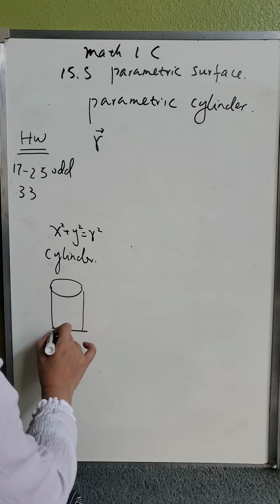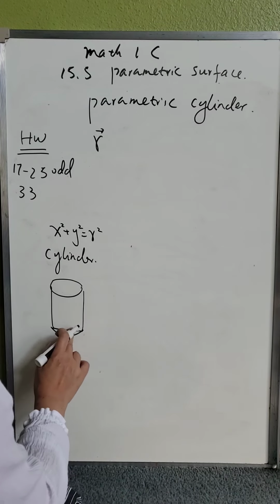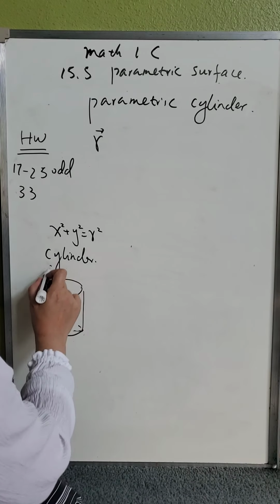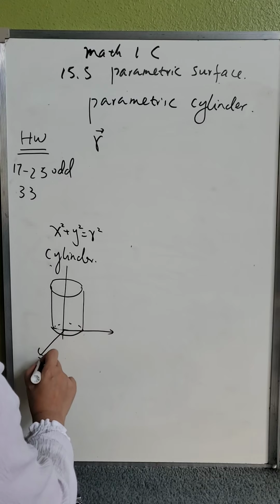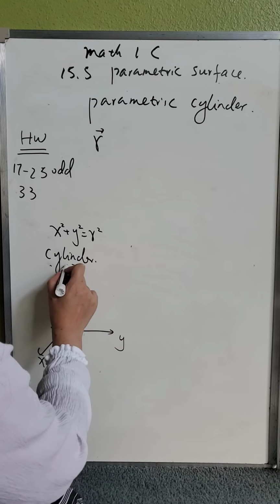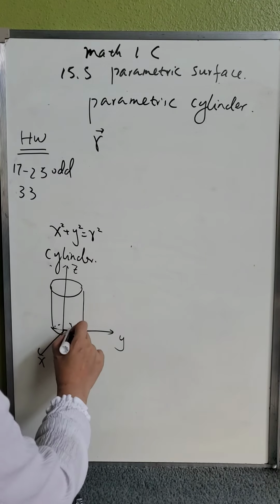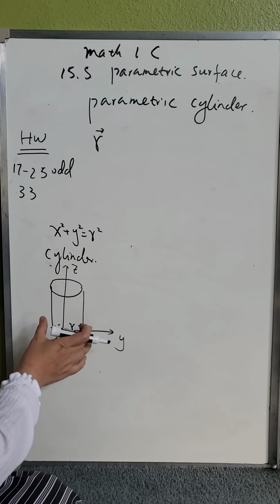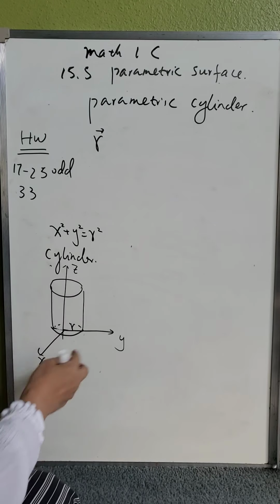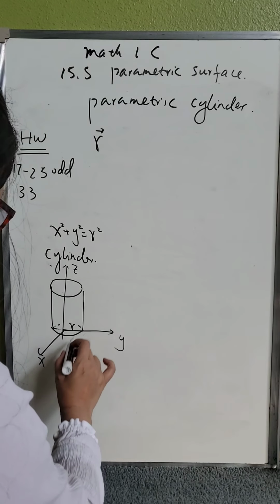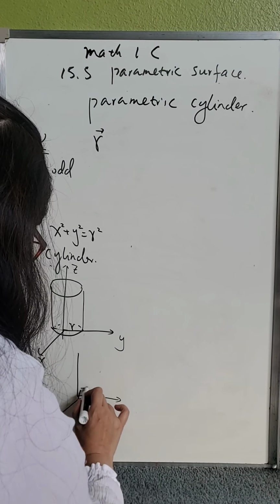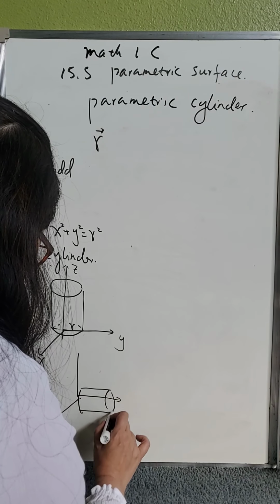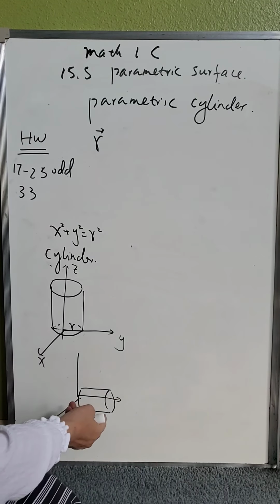Let's say this is my x, y, z, and that's my r here. This is the cylinder, the shape we use often, but sometimes it can be another shape. It can be like this; the cylinder can be tilted like that.